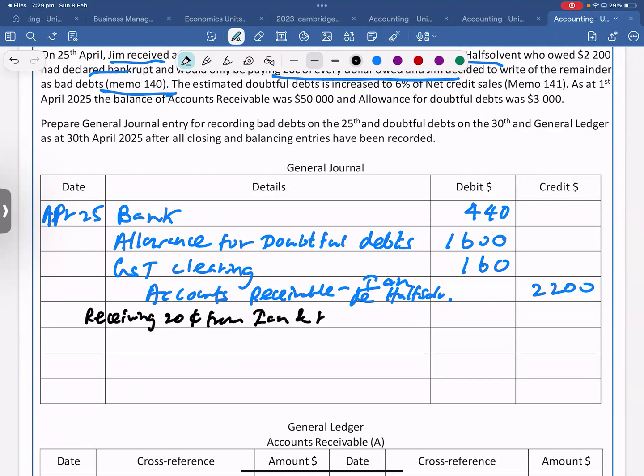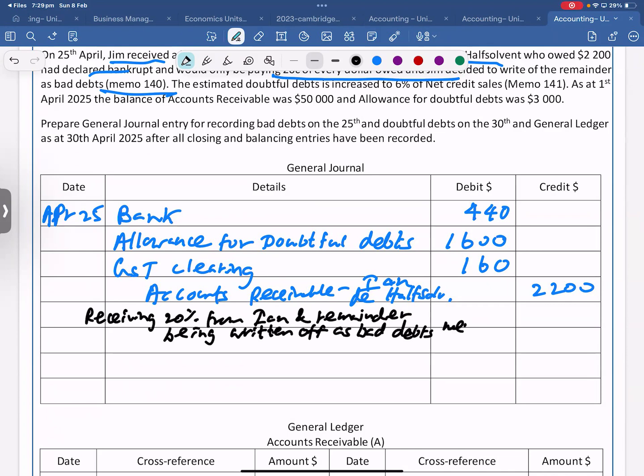Do you have to say 20 cents from the dollar, or can you just say 20%? Yeah, we can say 20% as well. You can say 20% from Ian and remainder written off. Receiving 20% from Ian and remainder being written off as bad debts.